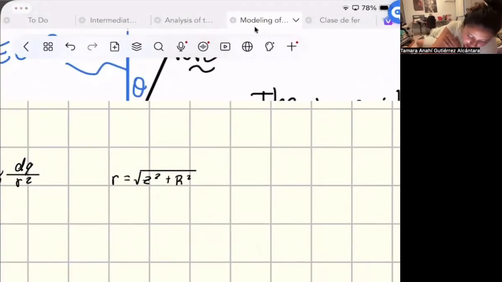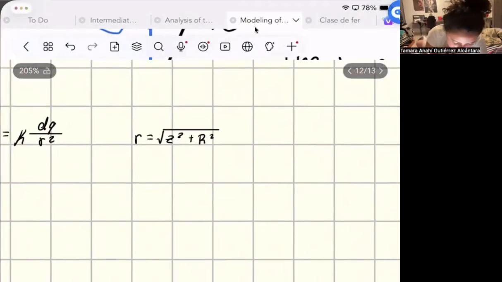because of the symmetry, the x and y components cancel out, and only the z component remains.